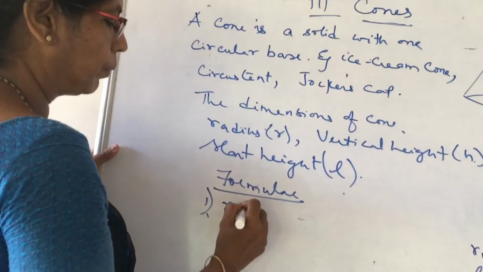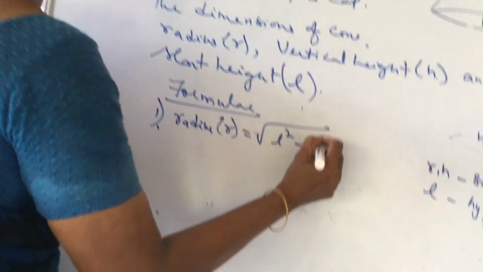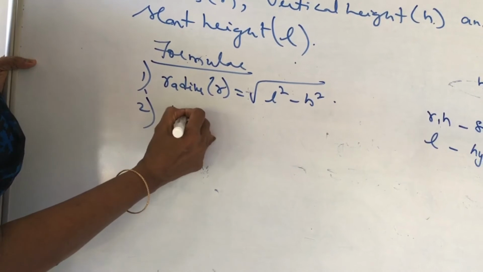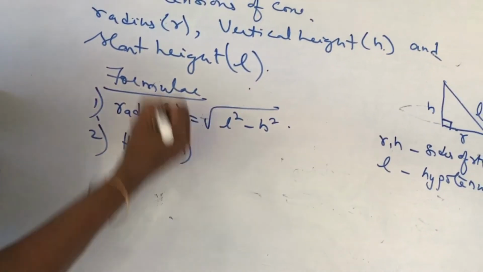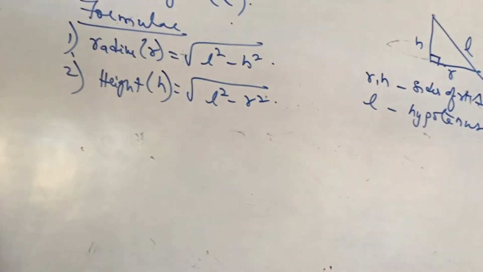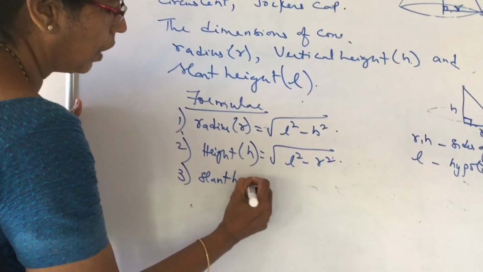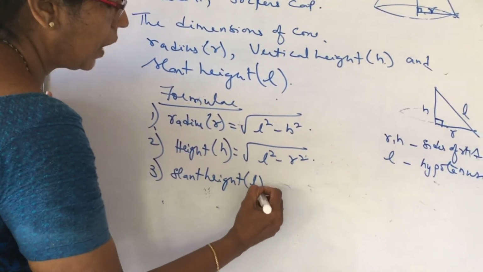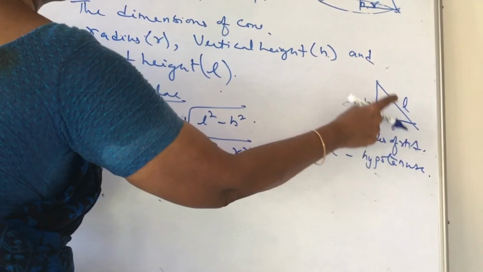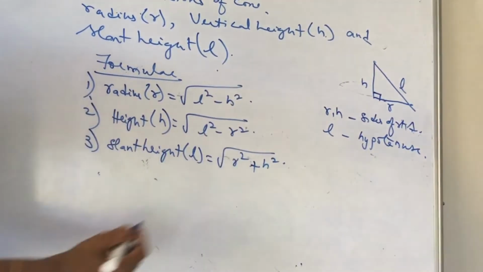First formula, radius r is equal to root of l square minus h square. Next, height h. When we say height, it means the vertical height, children. It is root of l square minus r square. Third, slant height l, which is equal to root of r square plus h square.